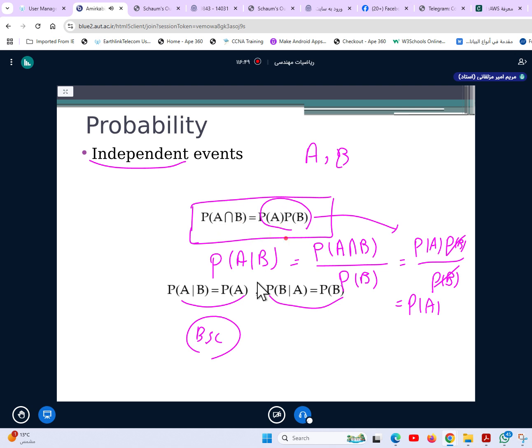We don't prove this formula, but we can see that if we have this equation, then the probability of A given B is equal to the probability of A. That means that A is not related to B, that A is independent of B. And also the probability of B given A is equal to the probability of B. It means that B is not related to A. B and A are independent.